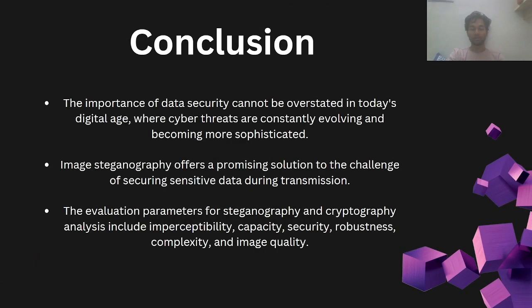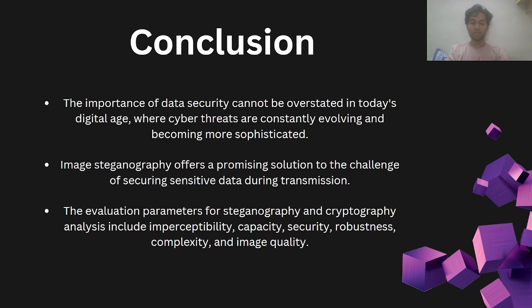So the conclusion. In conclusion, I would like to say that technological advancement has greatly impacted our daily activities, making them easier and more effective. With the advancement of the internet, communication has become faster and more convenient. However, the open environment of the internet has also led to security concerns such as data theft and modification.